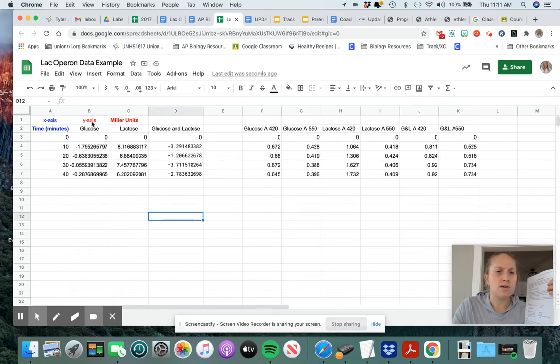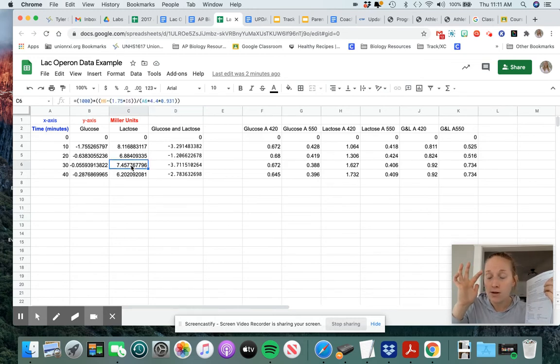Your A600 should be the same for each glucose tube, so all of these will have the same A600 value, because you only took one A600 measurement for glucose. You took another one for lactose, and another one for glucose and lactose. Only 3 A600 measurements, but you have to make sure you change it for all the time components. But don't change anything else over here because I've set the whole equation up for you.